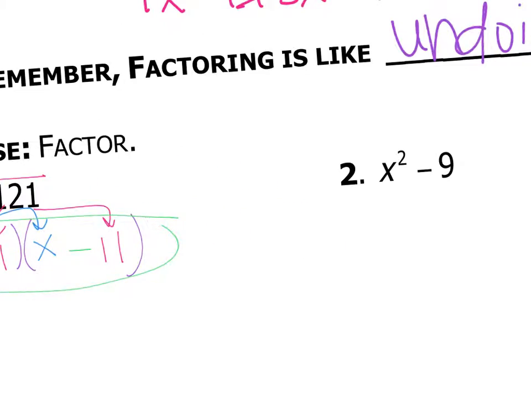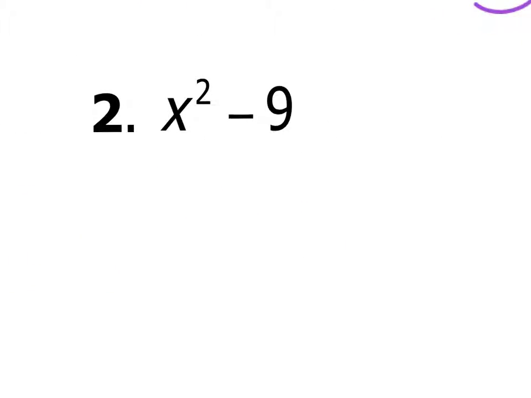All right, let's look at the next one. So again, we have a subtraction of two perfect squares. So I know that this is going to factor to two factors. Take the square root of the first term.